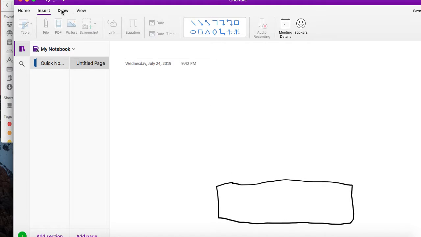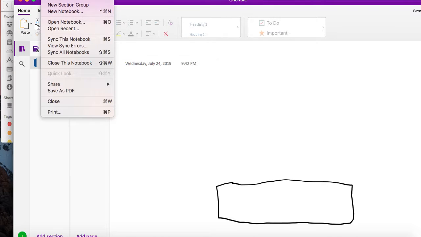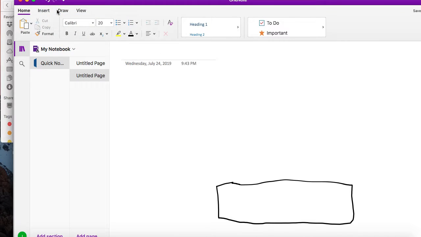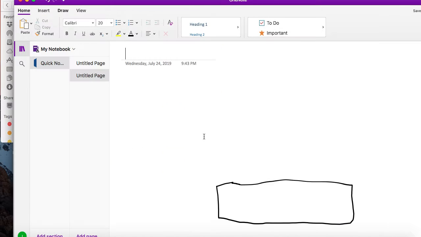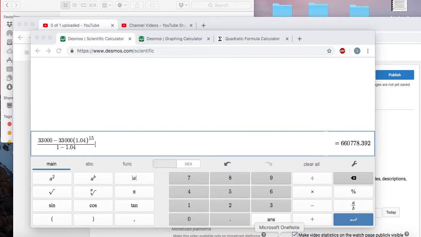Well, I'll just do a new page. No, a new notebook. Don't care about the color. Okay, I'm just going to cross this out, open another one.